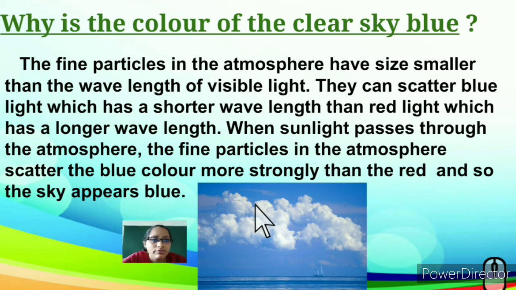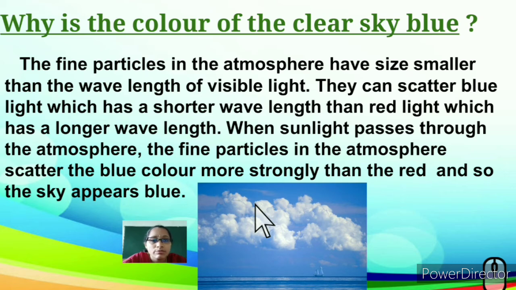It's again refraction of light. Here you can see that the fine particles of the atmosphere have small size, and it has been discussed that very small particles give visible light that is blue in color and shorter in wavelength than red color. Red light has a long wavelength. When sunlight passes through the atmosphere, the particles in the atmosphere are able to scatter blue color.